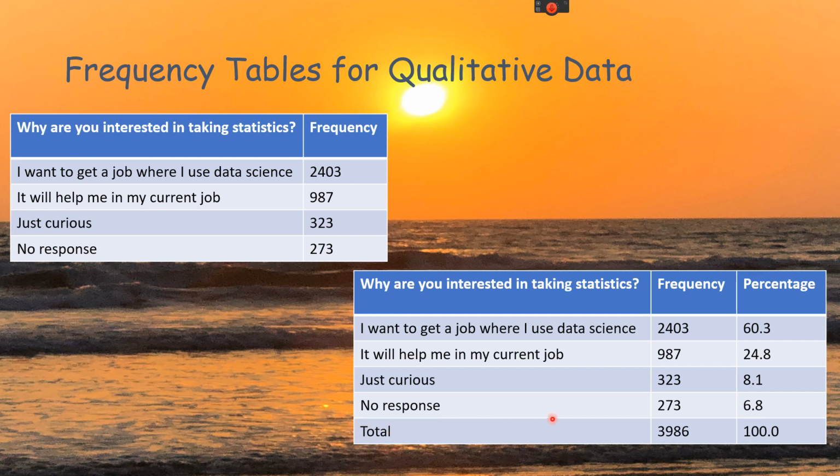If you add up all of the frequencies, all of the people that picked a certain category, you get a total response count. The percentages are found by taking the frequency, dividing by the total, and multiplying by 100. If this is done correctly, your percentages should equal 100%. So this is both a frequency and relative frequency table.